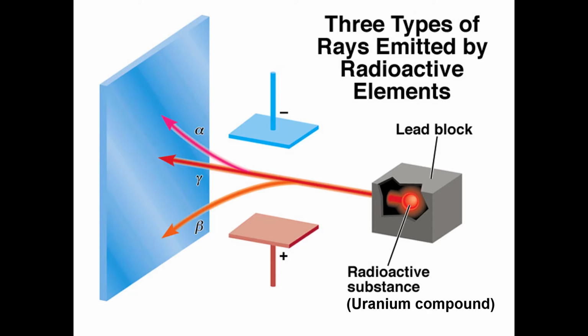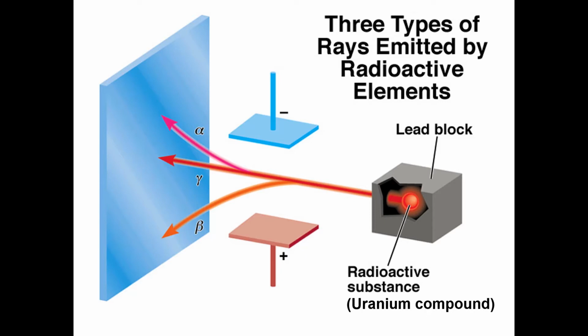If you put a radioactive substance such as uranium in a dense metal block like lead, which shields most of the radiation, so that it can exit from just one single opening on one side, and then you subject that radiation to an electrical field, you detect three different spots on the photographic plate on the other side.